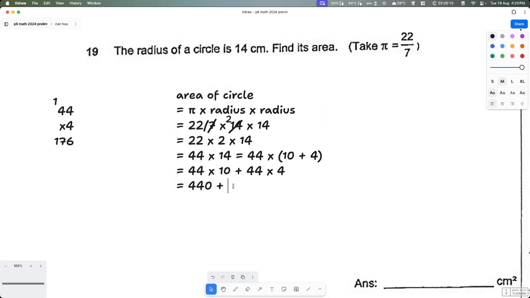All right, 176. Let's just do the normal calculation. So 440 plus 176.